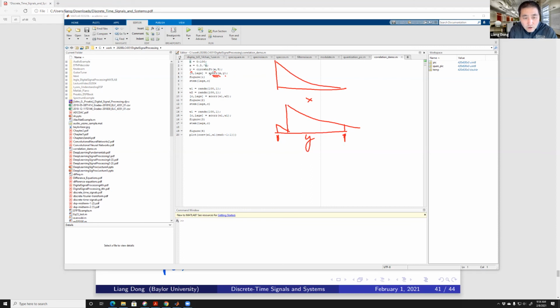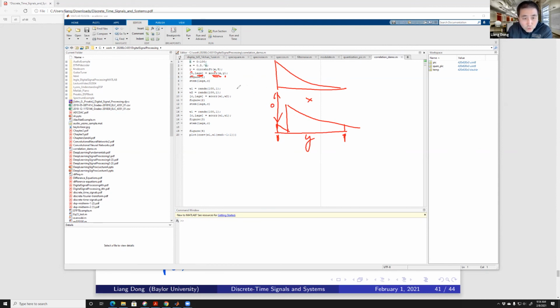Then I do a cross correlation of X and Y, and find the value of R, which you see here, and the lags. This is the lag for correlation. If you align here, this lag is 0, and then move. For figure 1, I plot what the signal looks like.